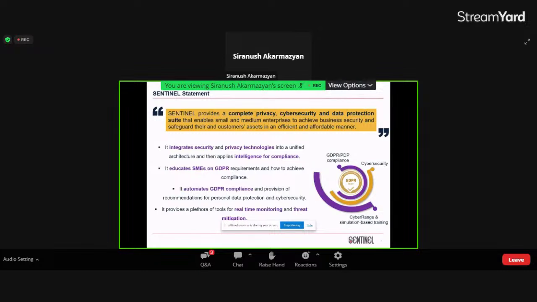As you can see, the project mainly focuses on GDPR compliance, but in the meanwhile, it tries to combine the compliance with cybersecurity and to provide security as a whole for the business sector.